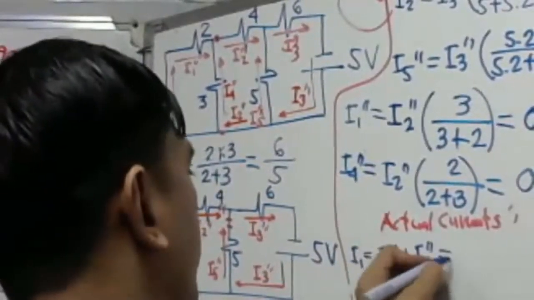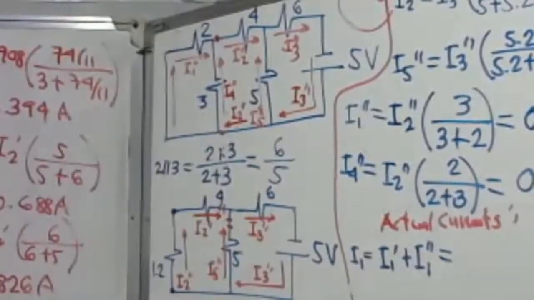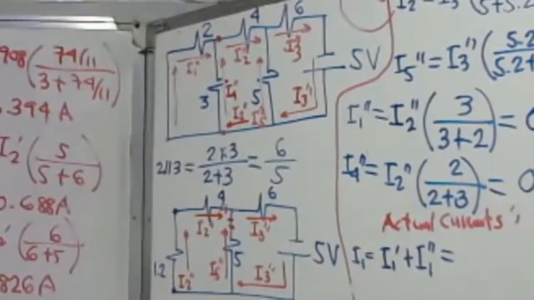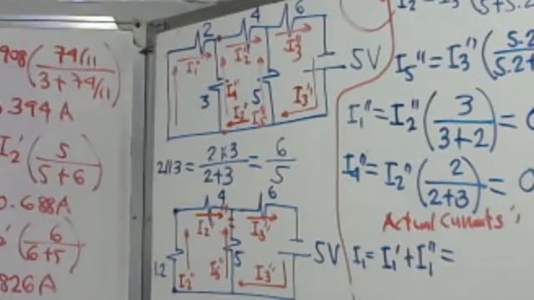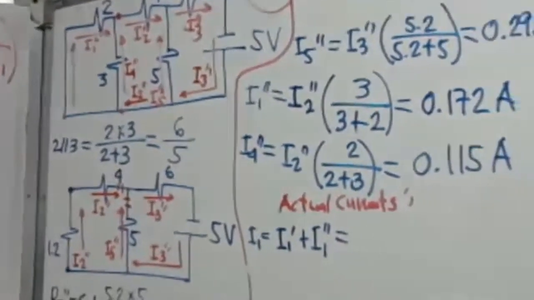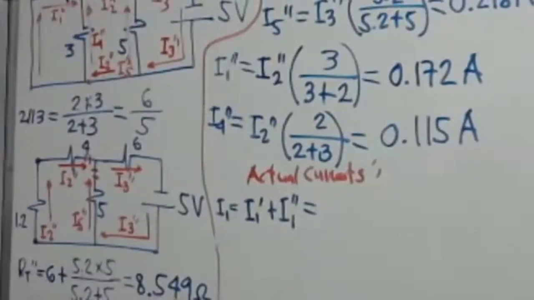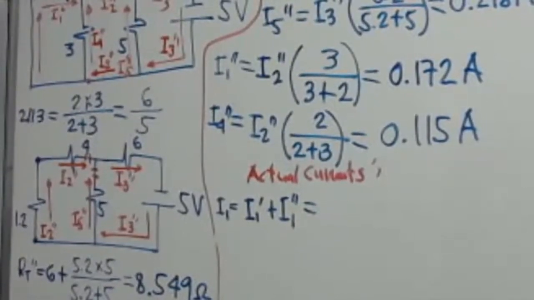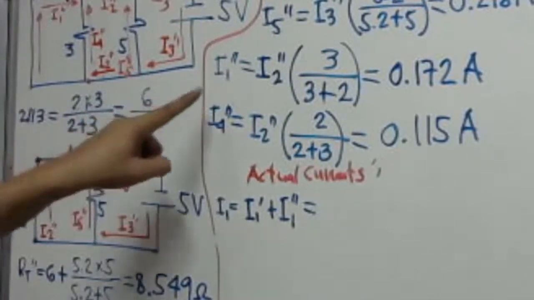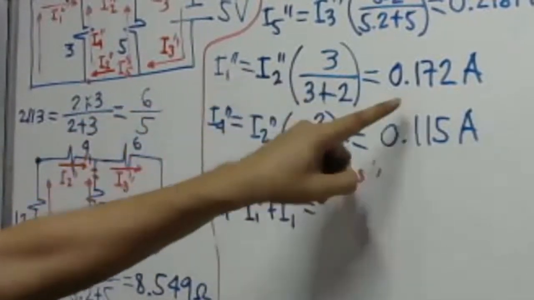I1 double prime. I will not write down the value. I will input that in my calculator. What is the value of I1 prime? Just take a look. Where is our I1 prime? I1 prime is 4.908. So that is plus the double prime. Where is our I1 double prime? I1 double prime, there.